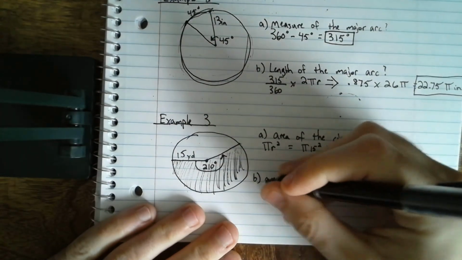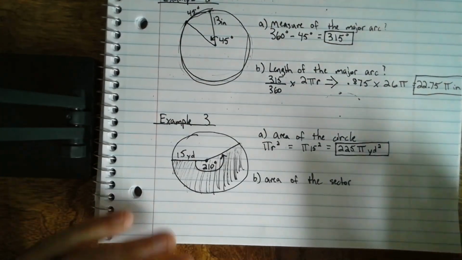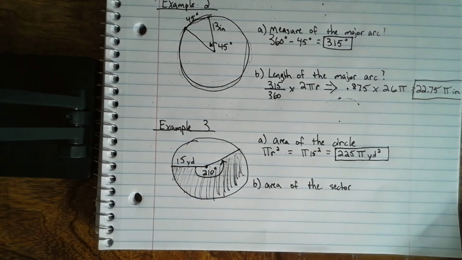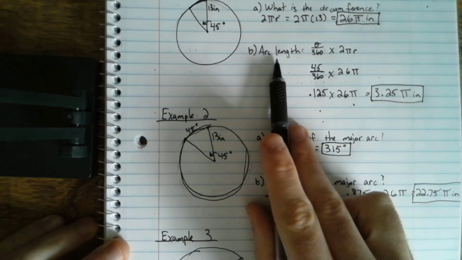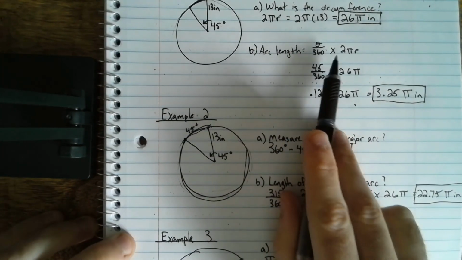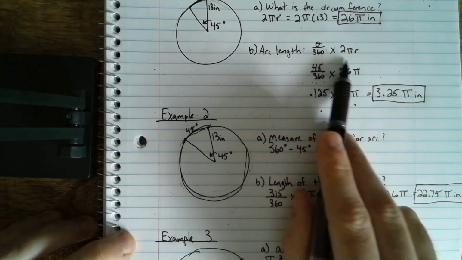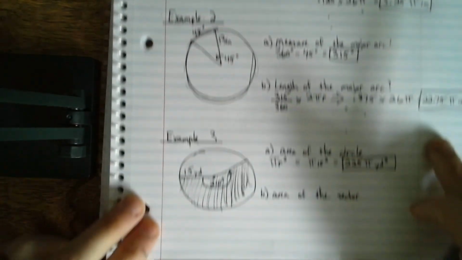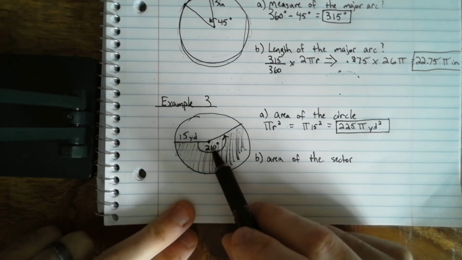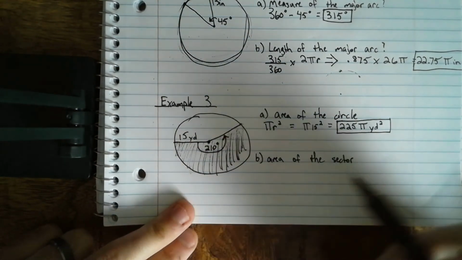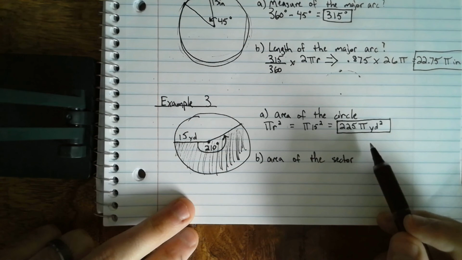It's going to be theta over 360 times the area of a circle. So when you find arc length up here, going back to example 1 and 2, it's going to be theta over 360 times the circumference, 2 pi r. When we're finding the area of a sector, it's going to be theta over 360 times the area of a circle.